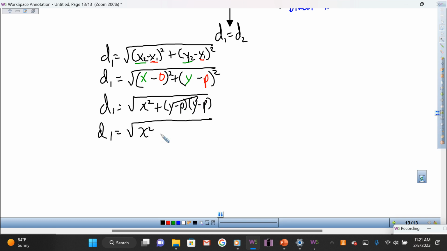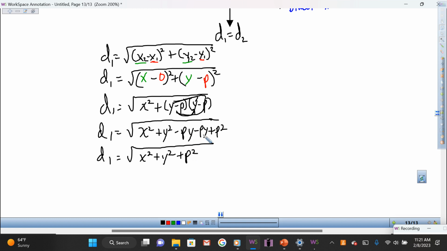What is y times y? Y squared. What is y times negative p? Negative py. What is negative p times y? Negative py. And negative p times negative p? Positive p squared. So if I write that in simplified form, it looks like this: x squared plus y squared plus p squared minus 2py. Copy that, please.